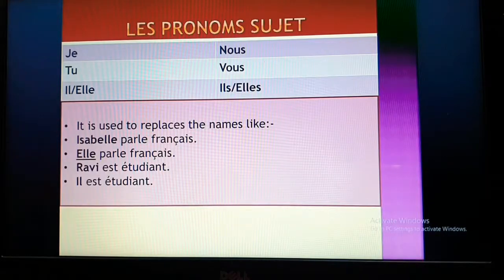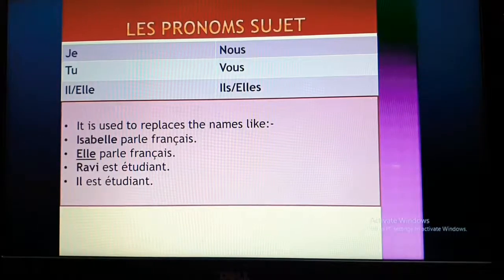It is used to replace names, like Isabelle parle français, so we can write Elle parle français. We cannot write Isabelle parle français, Isabelle is a beautiful girl, Isabelle talks a lot. So in order to cut down the repetition, we use she talks a lot, she is very beautiful, and so on.